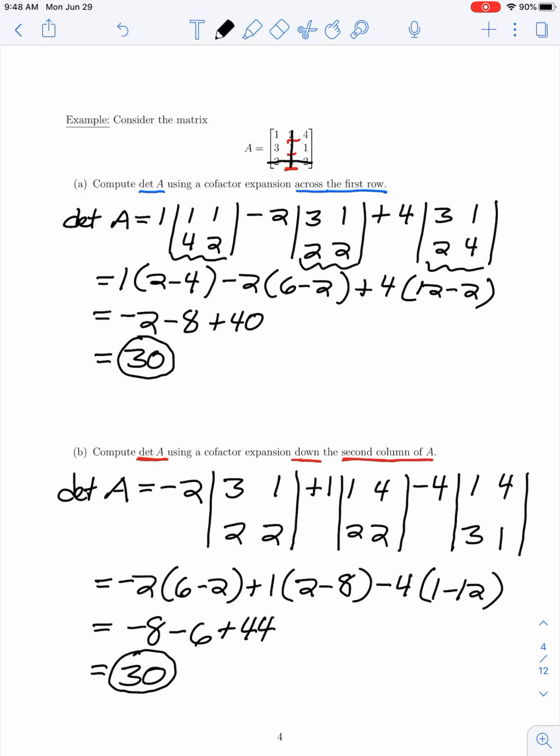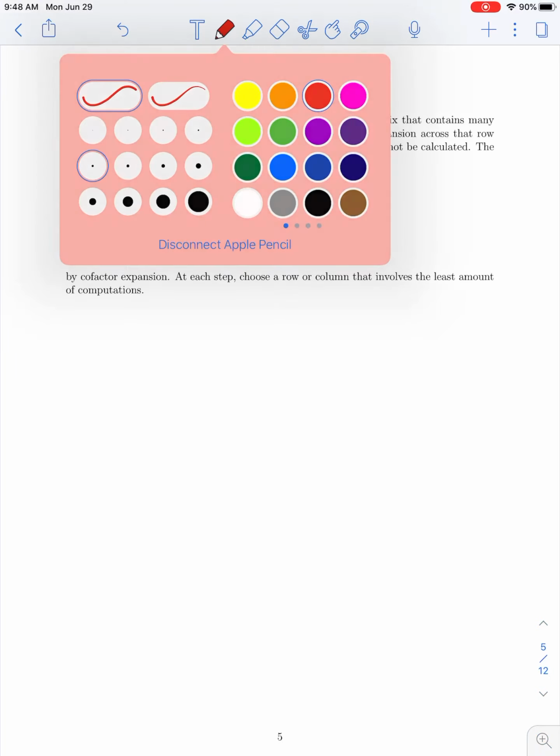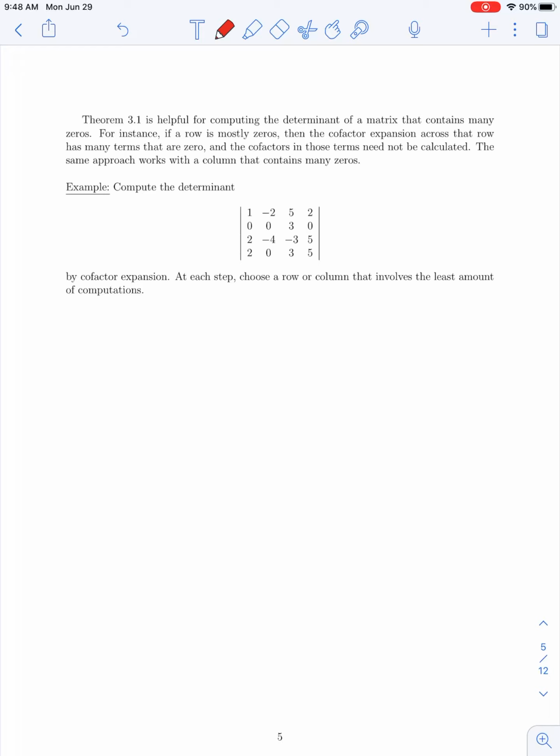So this theorem, 3.1, can be helpful in determining what sort of row or column we should work with to calculate a determinant. In some examples, we'll be trying to find the determinant of some matrix where maybe a particular row or column contains several zeros.